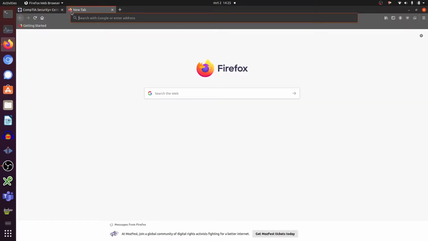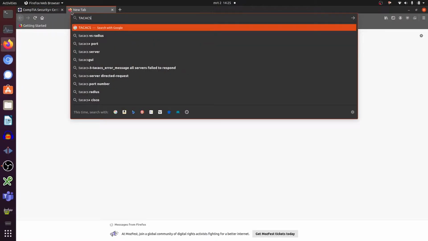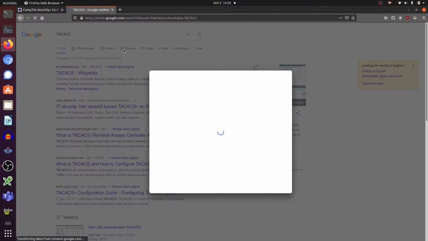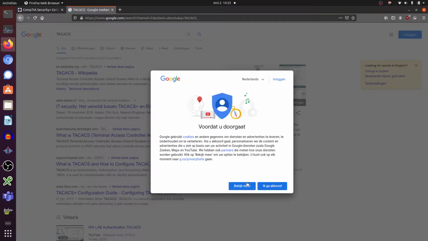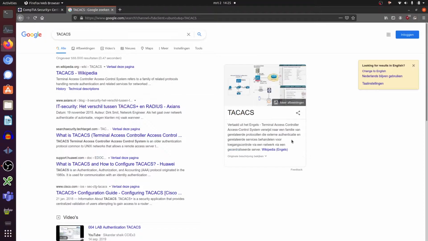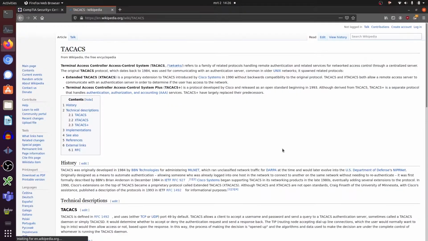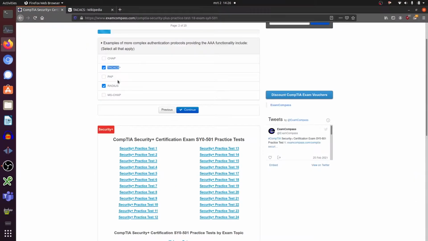Let's see. Yes, Google. Terminal Access Controller Access Control System. And I think that's now owned by Cisco. Yes, Cisco Systems. I was correct. That's nice. So the TACACS+ and RADIUS.